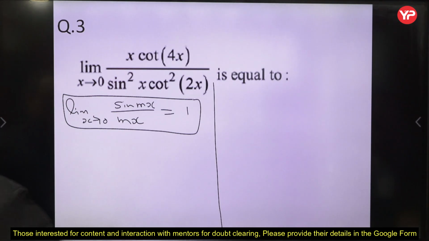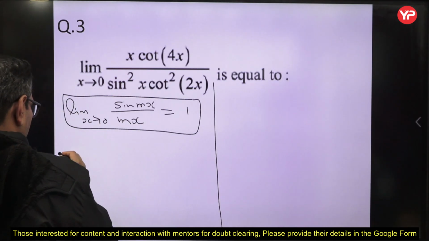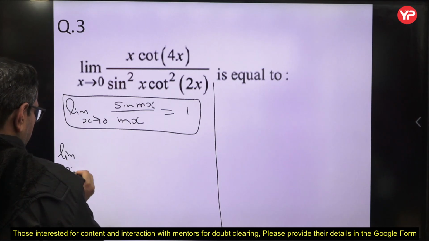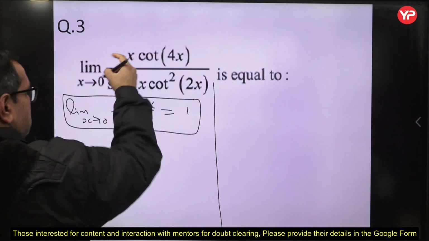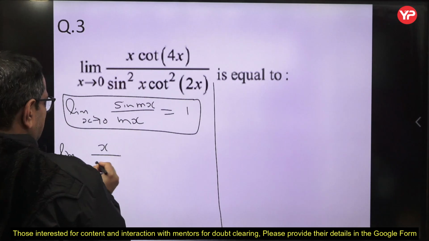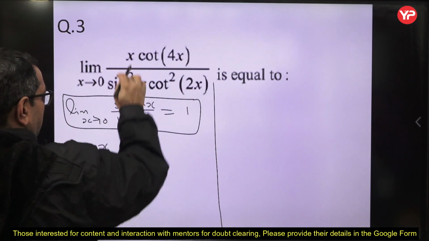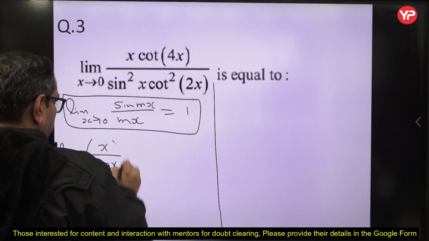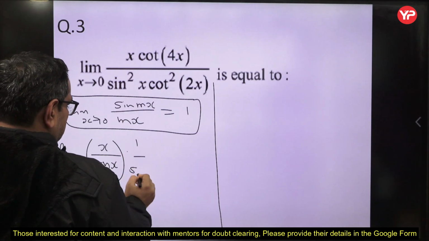Now in this function what we can do, we can break this like limit x tends to 0, x divided by sin x, we can write here x upon sin x and then 1 upon sin x.